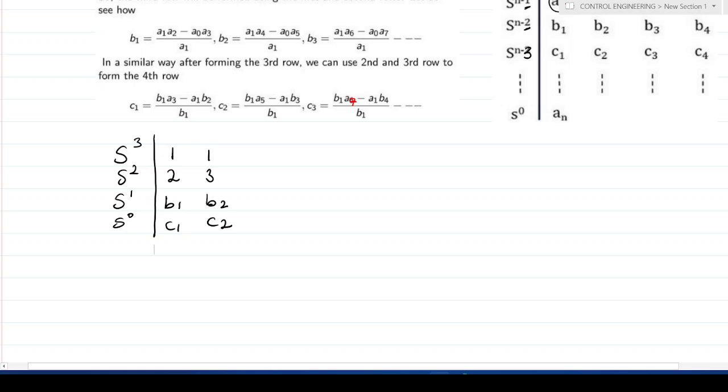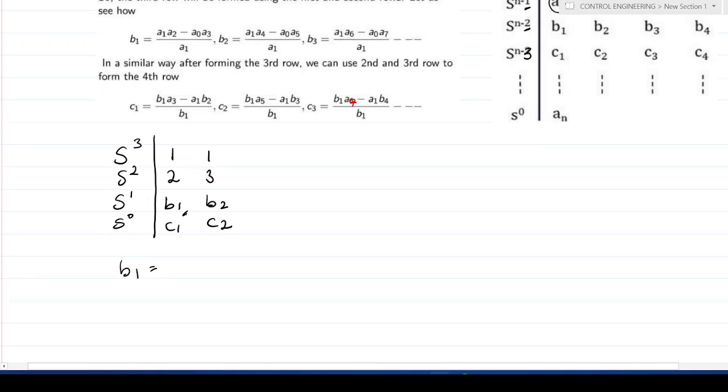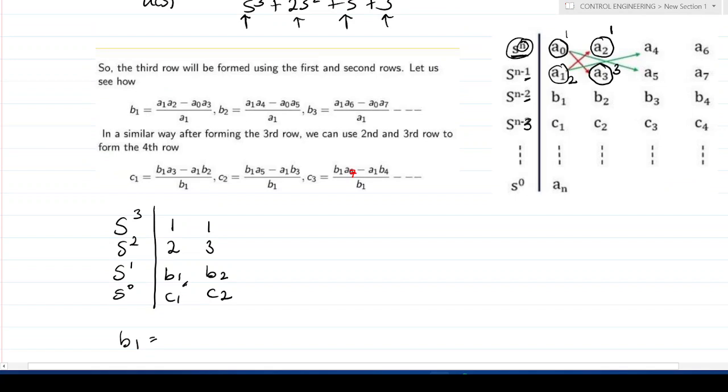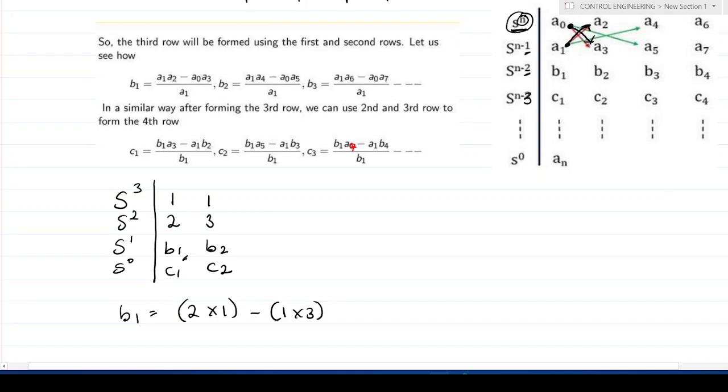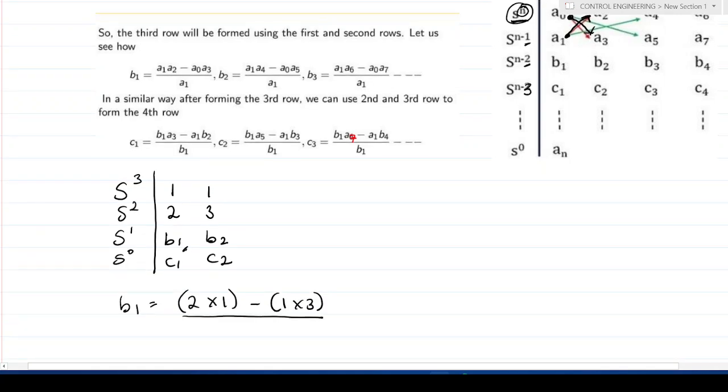Now first, let us find the value of b1. b1 is equal to a1 times a2 minus a0 times a3, all over a1. So we're going to have 2 times 1 minus 1 times 3, all over 2.